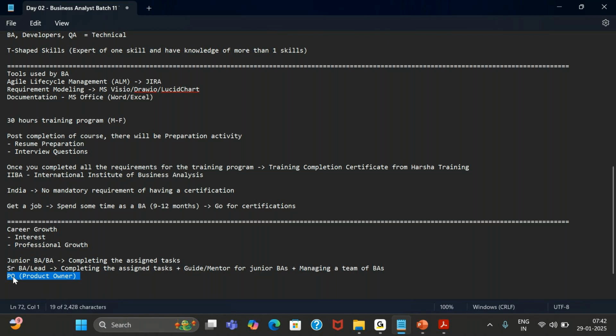If you have relatively less experience, you can still work as a BA, but for people with 10 plus years of experience, the normal expectation, at least in India, is that you will start taking up the responsibilities of a product owner rather than just being a business analyst.